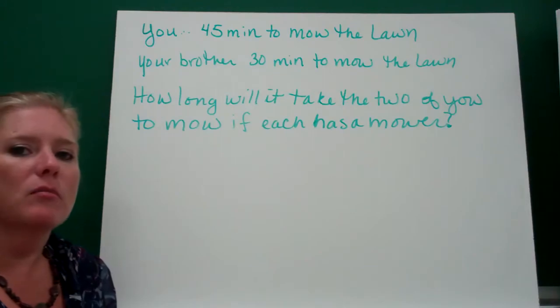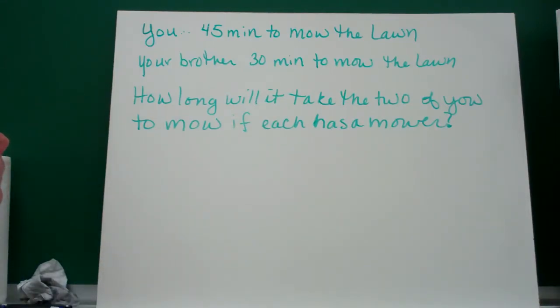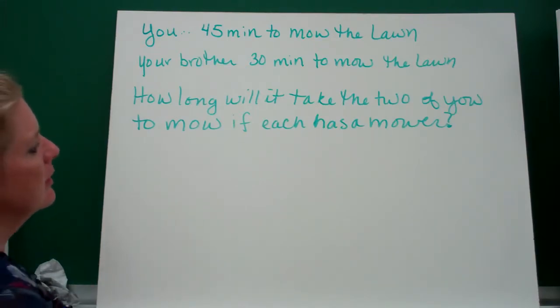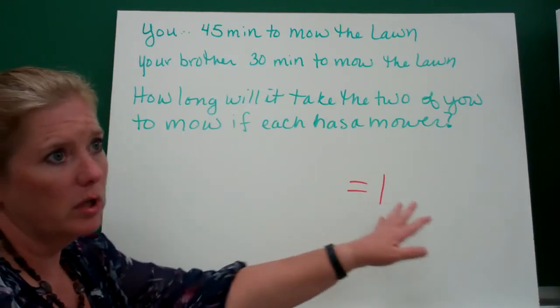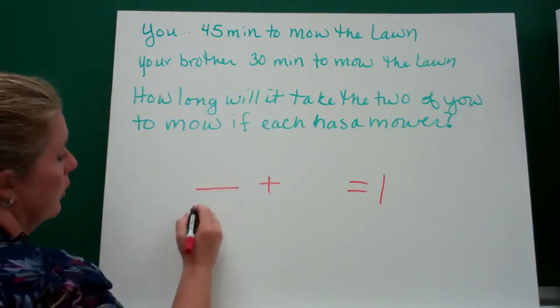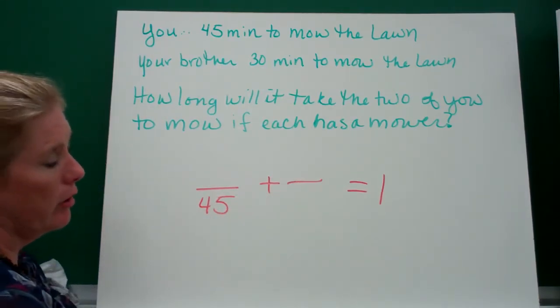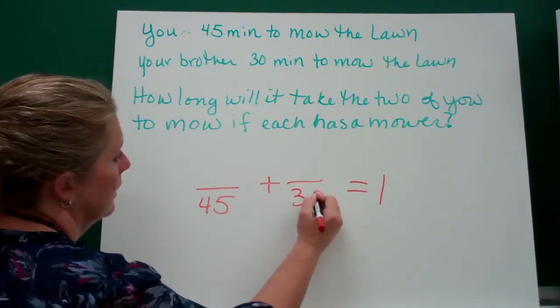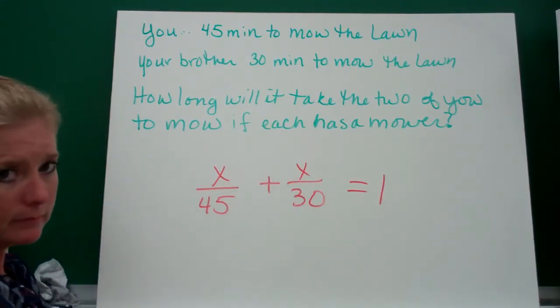This one's kind of a different problem. We've got one job to do, so one lawn. You can mow the lawn in 45 minutes. Your brother can mow the lawn in 30 minutes. How long will it take you both working together?